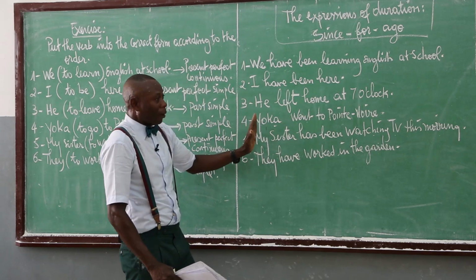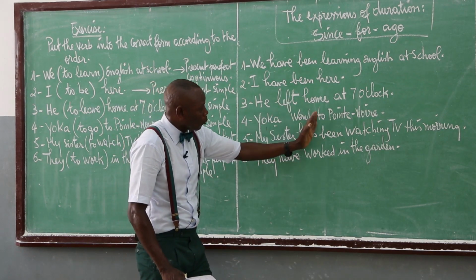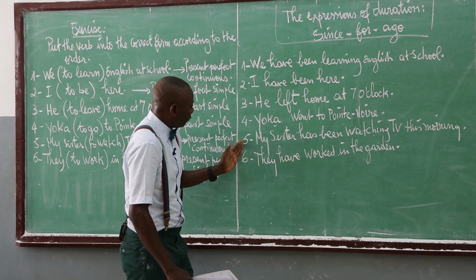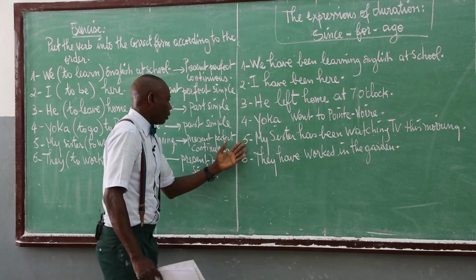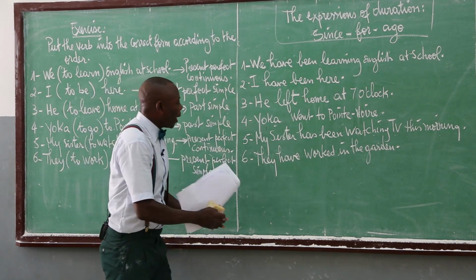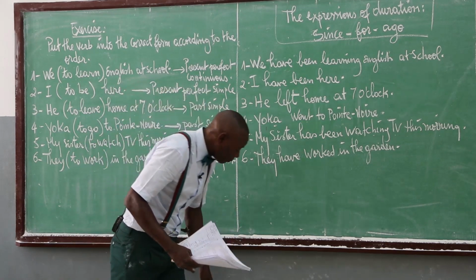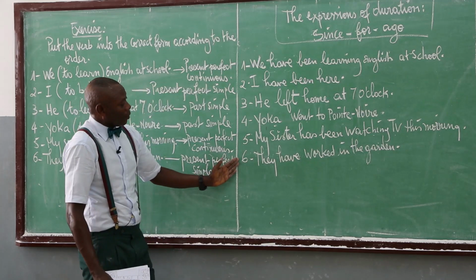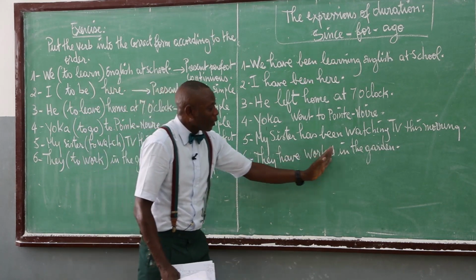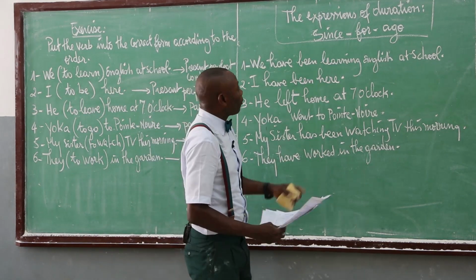Fourth, Yoka went to Pointe Noire. Fifth, my sister has been watching TV this morning. Six, they have worked in the garden.